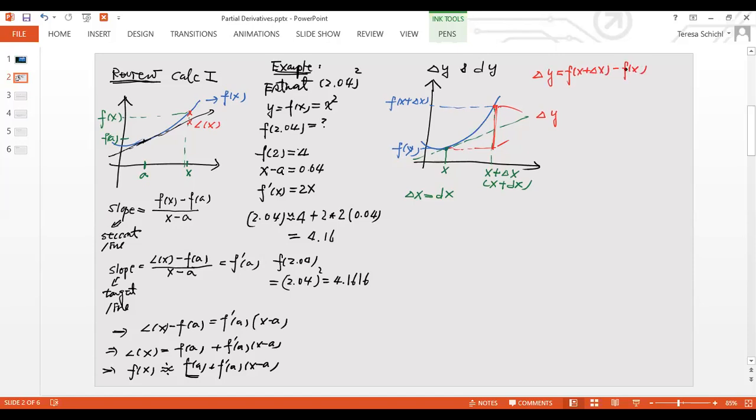And we can use the linear approximation here.